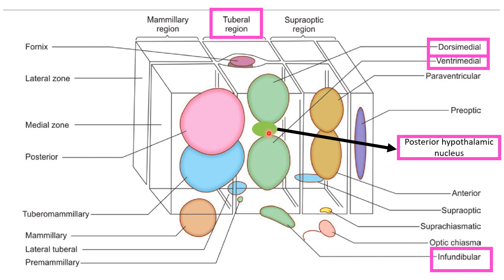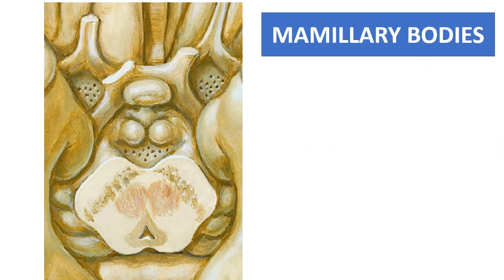And after that, the posterior hypothalamic nucleus. So this light green color represents the tuberal region nuclei: infundibular, dorsomedial, ventromedial, then the posterior hypothalamic nucleus. And most posteriorly, you can identify the mammillary region.